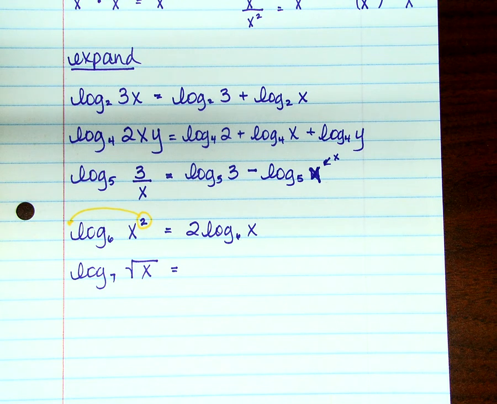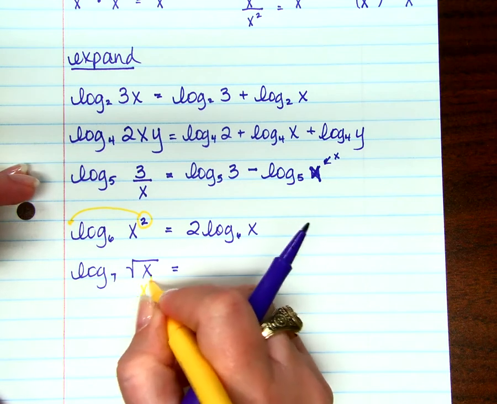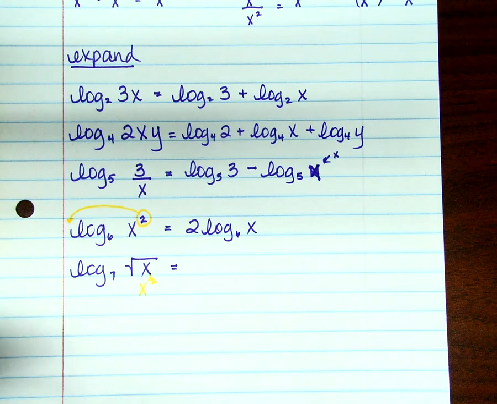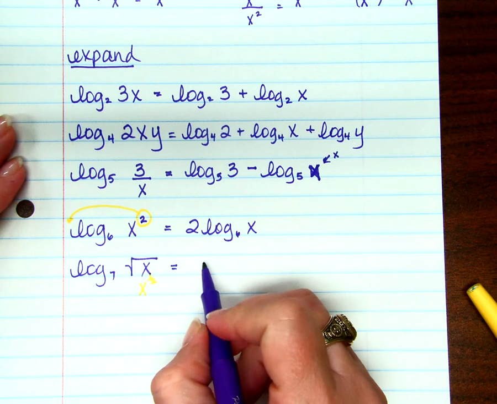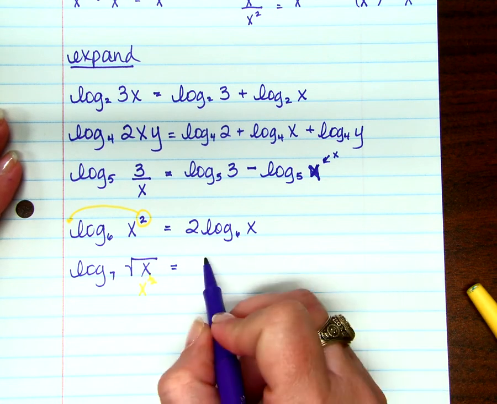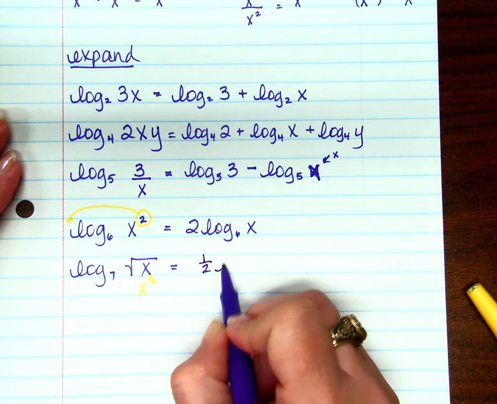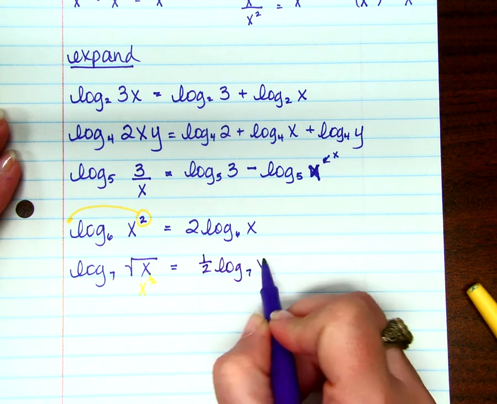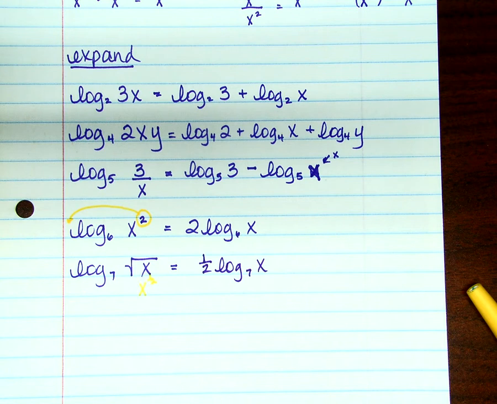What power is it the same as if I take a square root? Close. 1/2. So if this is the same as x to the 1/2, now can you tell me what the expanded form is? What do I do with the 1/2? Yep, put it in front of the log. Way to think through that. Very good.